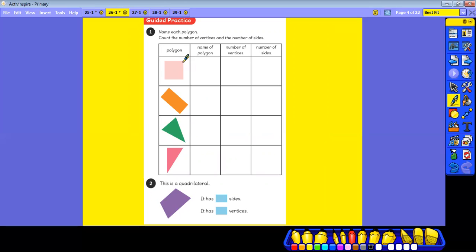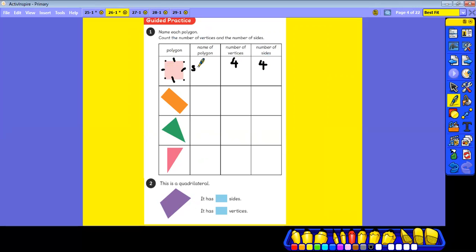Let's do this one together. 1, 2, 3, 4. And sides. 1, 2, 3, 4. But also, children are asked to name the polygon. Remember, I said to you, these are all polygons, but they also have special names.